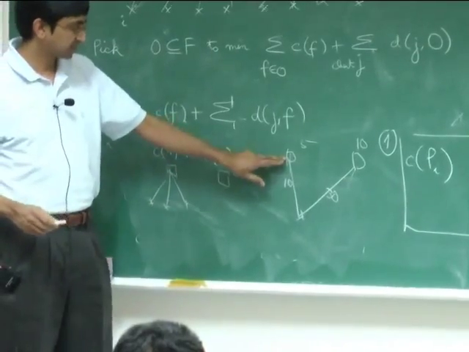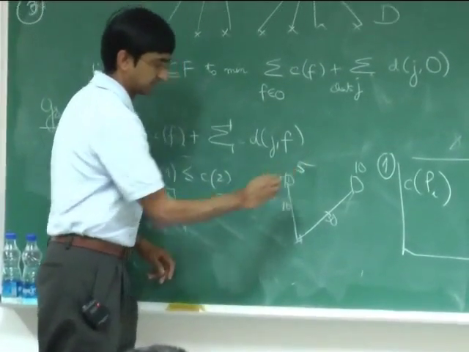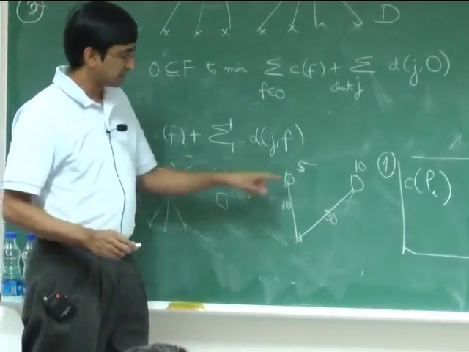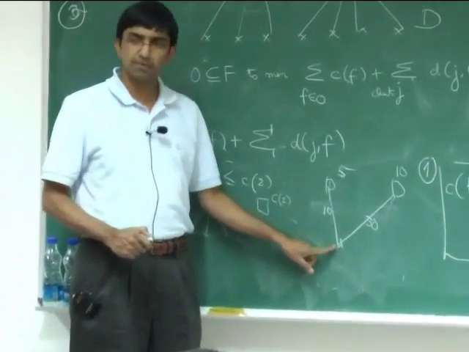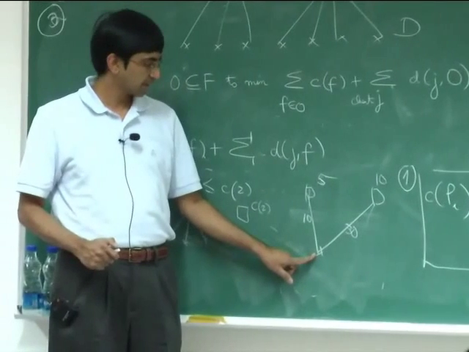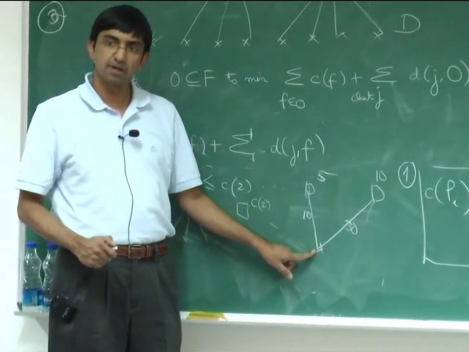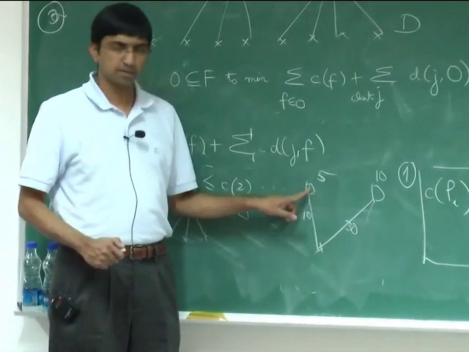In this case the ratio comes out to be half, and in the other case it comes out to be one third. So I say that it is less costly for me to open a facility for this client and join it to the facility with the better cost rate.